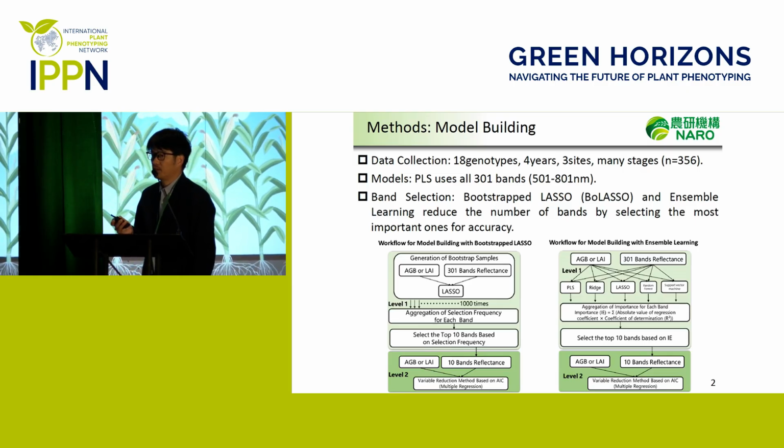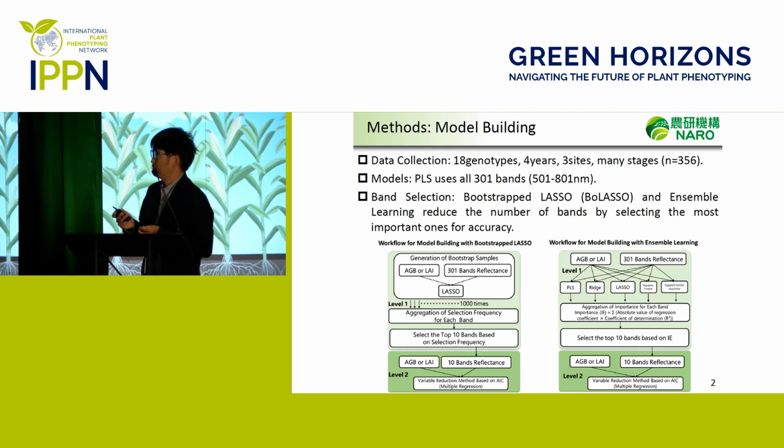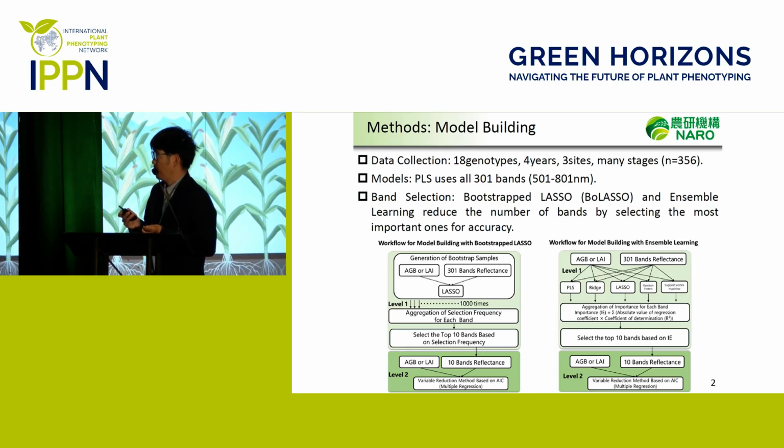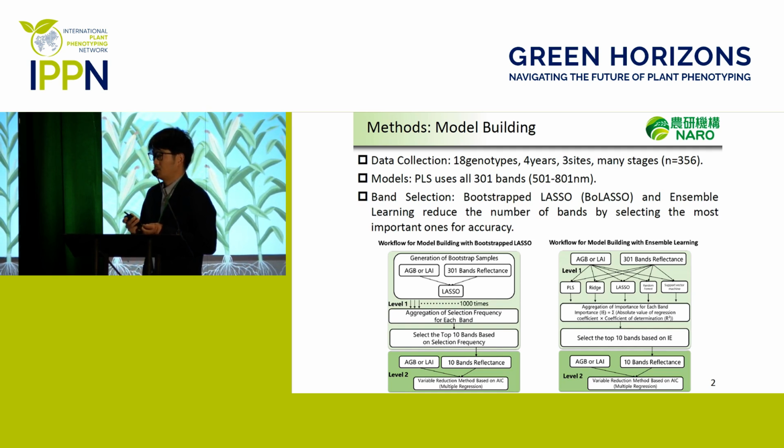We collected time series data of canopy scale reflectance, biomass, and leaf area from many soybean genotypes across many years. In addition to PLS, we also evaluated two band selection techniques, bootstrap lasso and ensemble running.